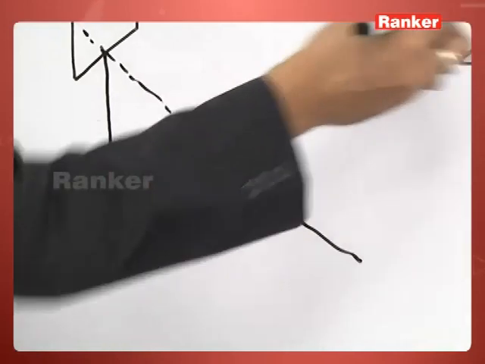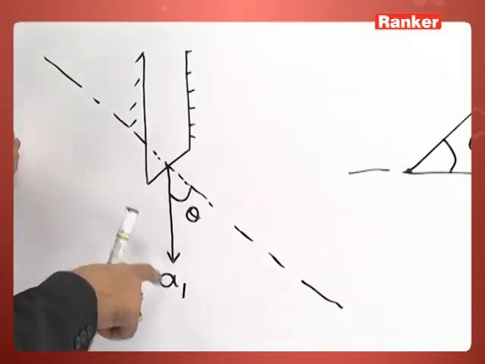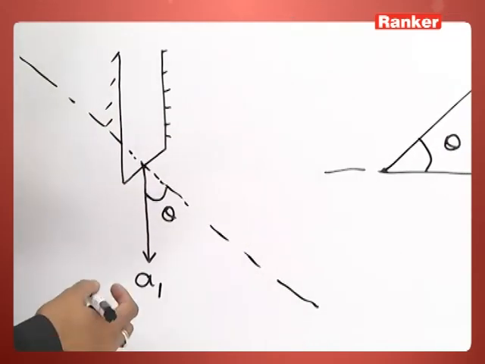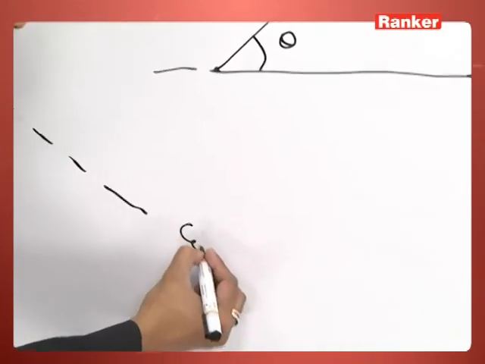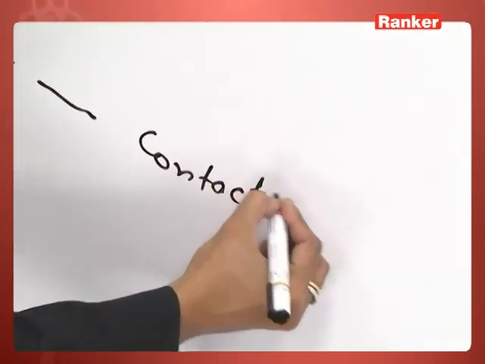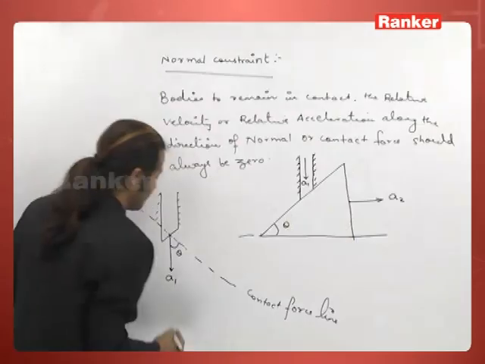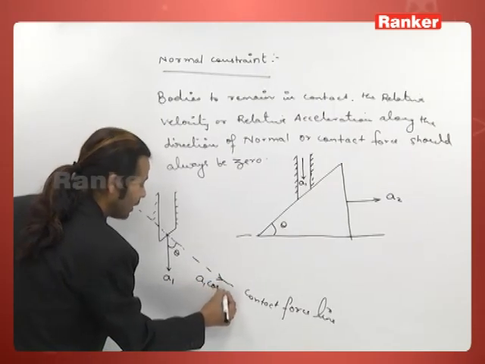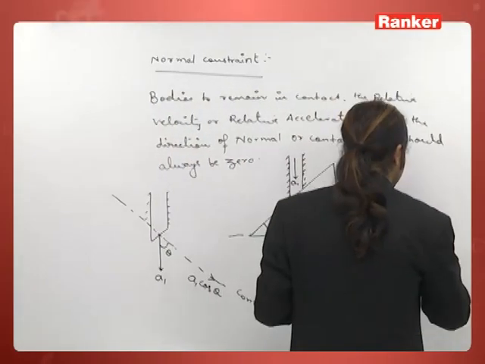This angle is theta, obviously this angle will be theta. Now let us resolve this acceleration along the direction of the normal contact force line. So I can say this is the contact force line, and this becomes a1 cos theta.